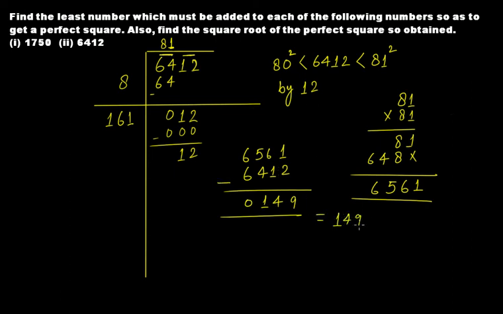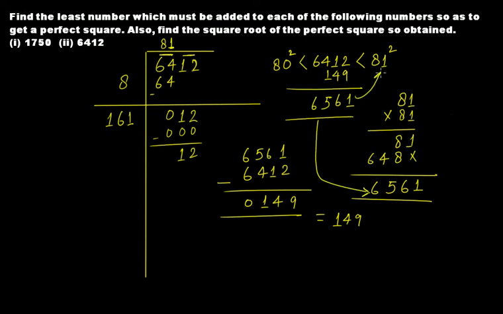It means that if you add 149 to this number, that is the initial one, you get 6561. That is exactly equal to 81 squared, right?